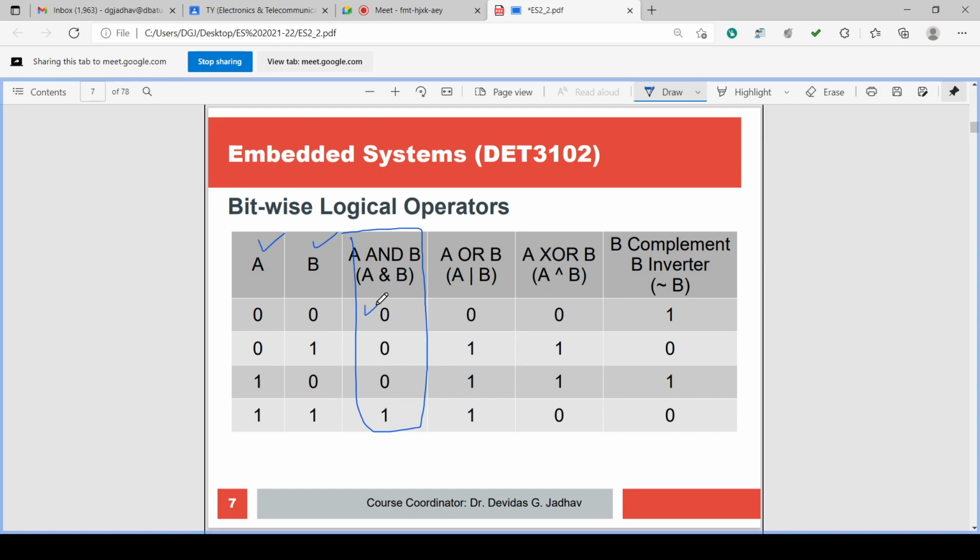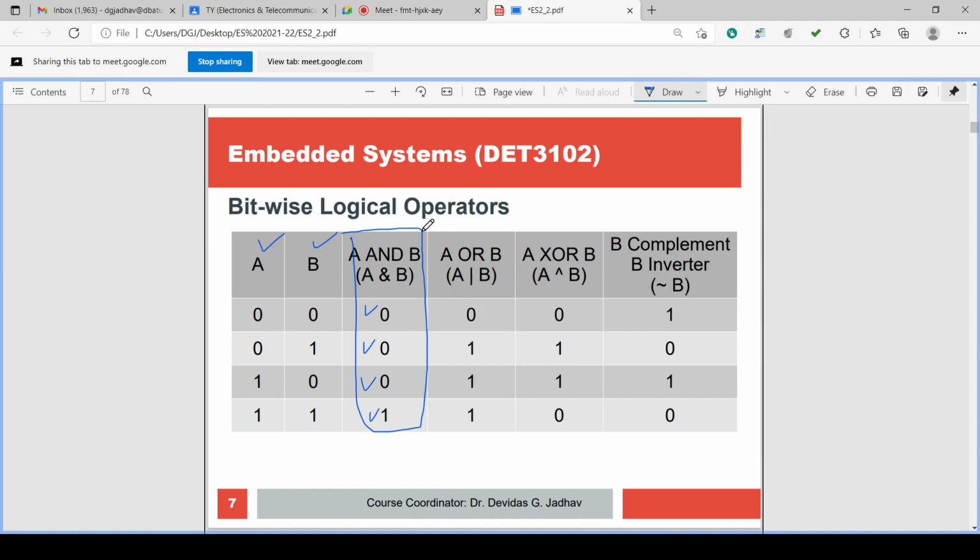So the outcome of A and B will be 0, 0, 0, 1.